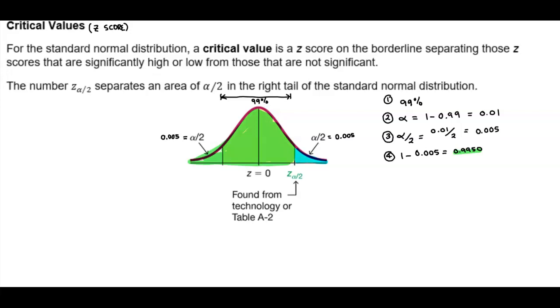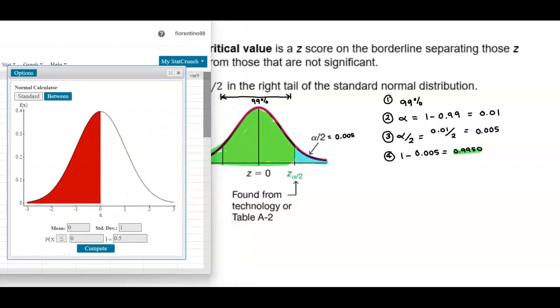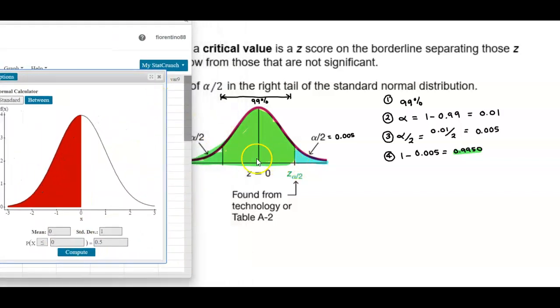Now, I'm going to show you two different ways to find the positive z-score using StatCrunch. So let's open up StatCrunch and hit refresh. We want to make sure our mean is 0 and our standard deviation is 1. If we want to find the area to the left, remember we have 0.99 plus the 0.005, which gives us 0.9950.